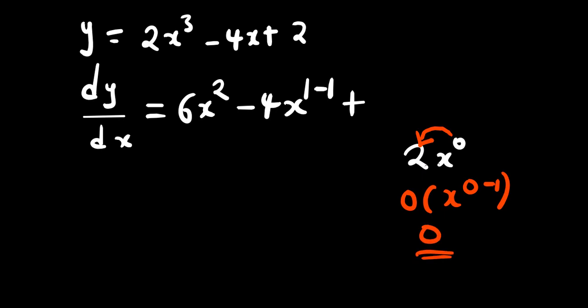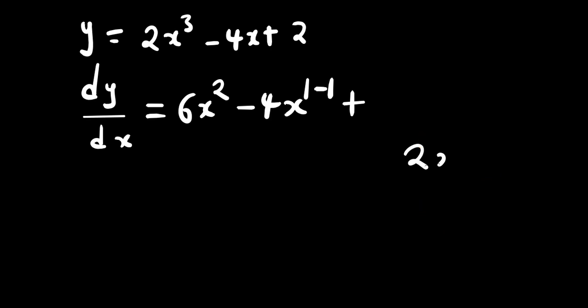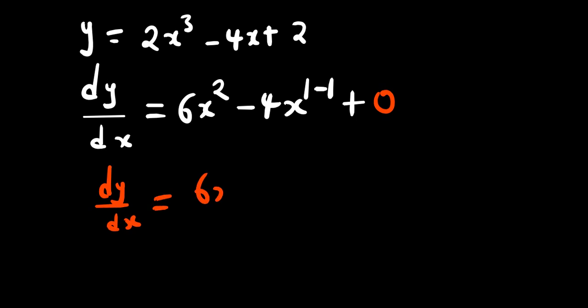That's why I was saying the differentiation of a constant is 0. So I'm going to have a 0 here. Therefore my dy/dx will finally be 6x squared minus 4 x to the power 0, right?